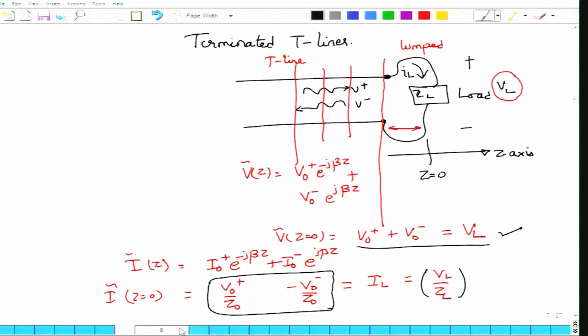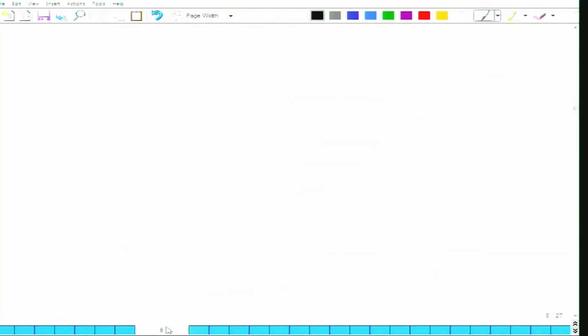From these two you can actually reduce one of the constants. You can write V0 plus plus V0 minus is equal to VL, and V0 plus minus V0 minus is equal to Z0 by ZL into VL.